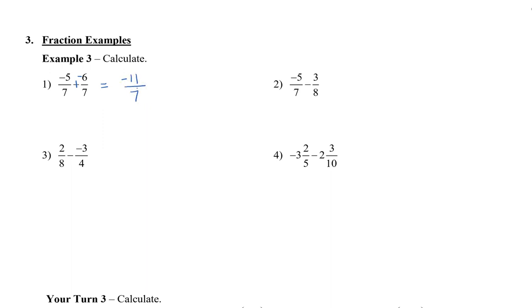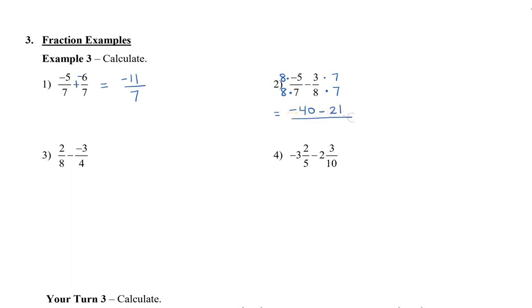Now in example 2, the denominators are different. So this time we will need to get a common denominator, and the common denominator is 56. So we're going to multiply the first number by 8 over 8, and we're going to multiply the second fraction by 7 over 7. So 8 times negative 5 is negative 40, and then minus 21.